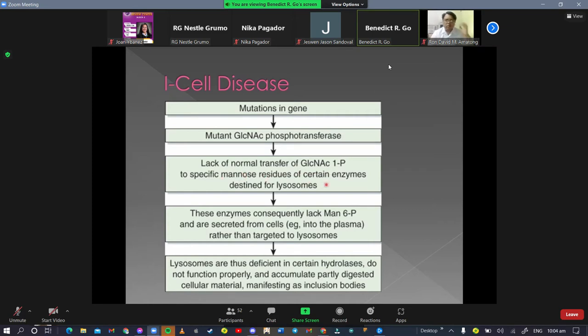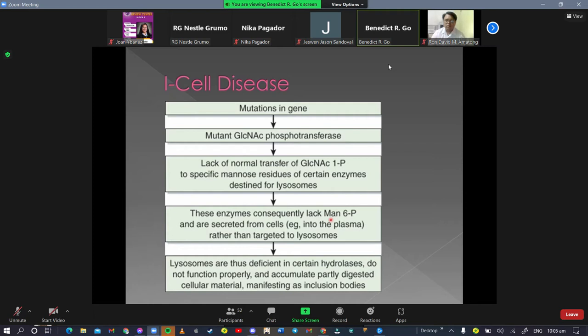But since there's no phosphorylation, there is no mannose 6-phosphate. Mannose 6-phosphate is just like an address. When you have mannose 6-phosphate, that correct address will send this enzyme to the lysosome. Without it, the enzyme is scattered, and as Jason mentioned, extruded out of the cell, and it's not going to perform its function.